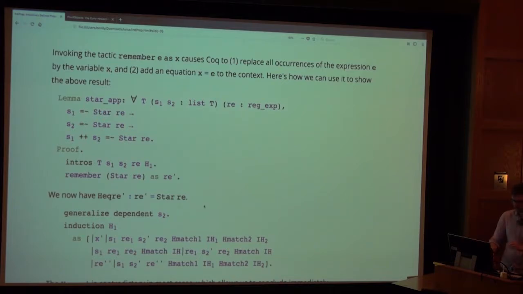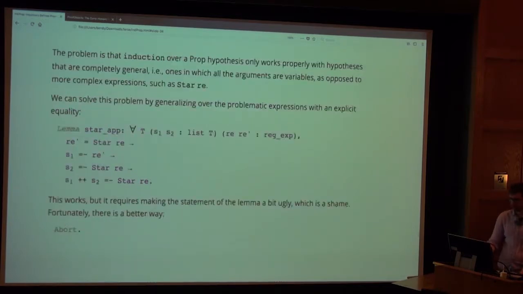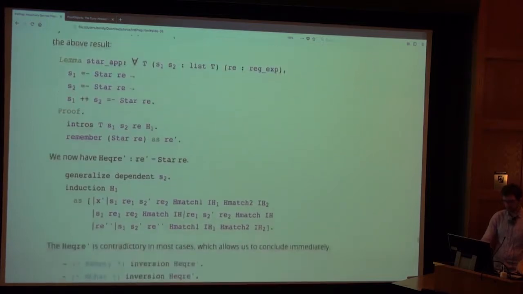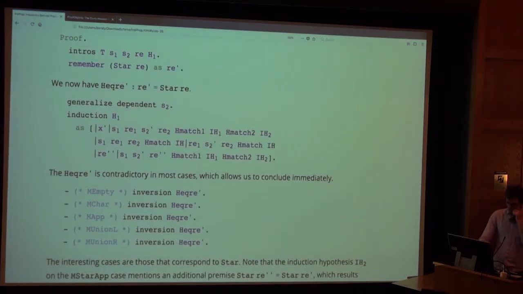So if we're in this star app case and we say remember star RE as RE prime, we're going to get into the same proof state that we would have for that original uglier lemma definition on the previous slide, this particular formulation of star app. Right? And now, once this is in scope, we have this extra bit of information in all of the inductive cases, which is going to allow it to work.